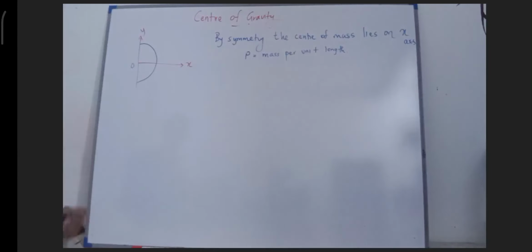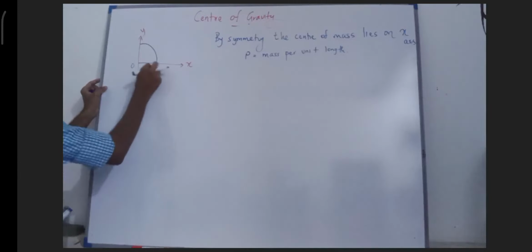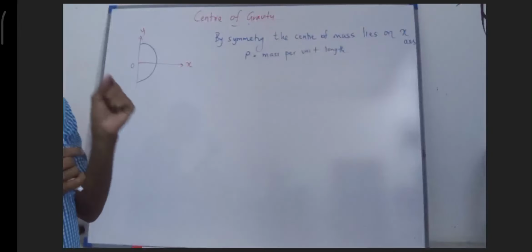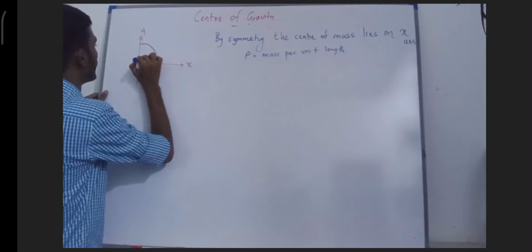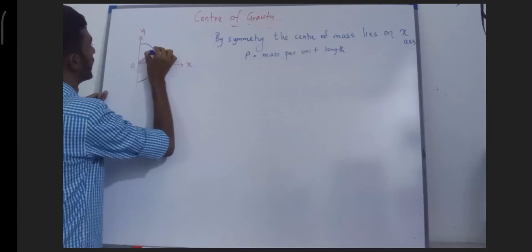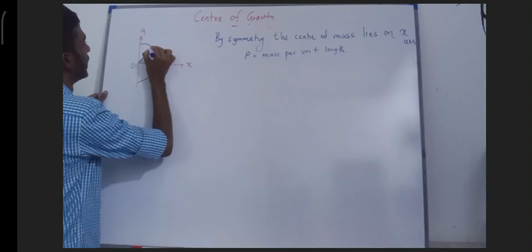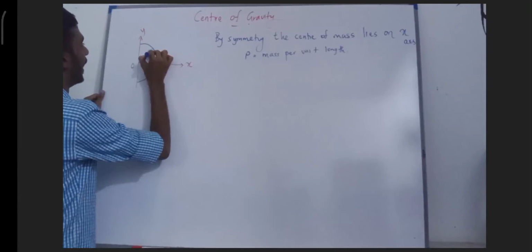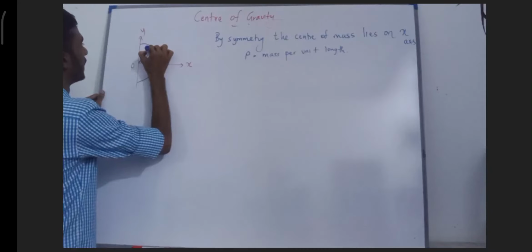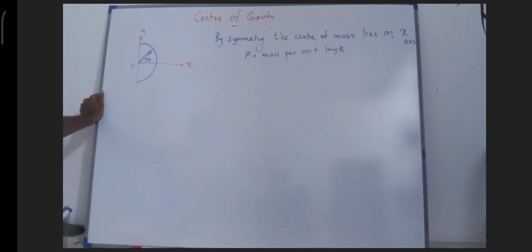Now I am going to divide this wire into small tiny pieces, and each piece's mass is going to be integrated. Let me take this as theta and this portion as delta theta. I hope you are able to see the letters that I am writing over here.